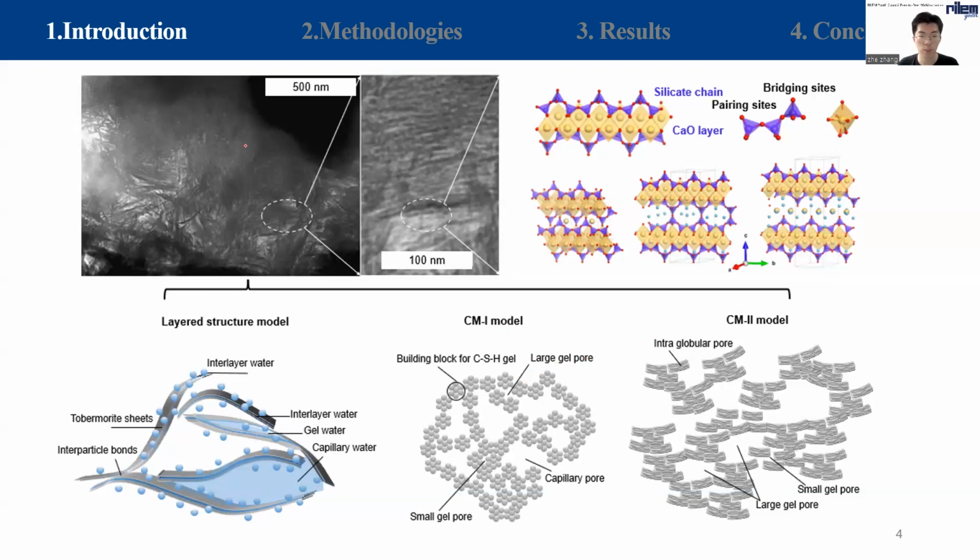At the microscale, the primary difference in microstructure lies in porosity. The hydration product of cement can be classified into inner product and outer product with smaller and larger porosities, respectively.